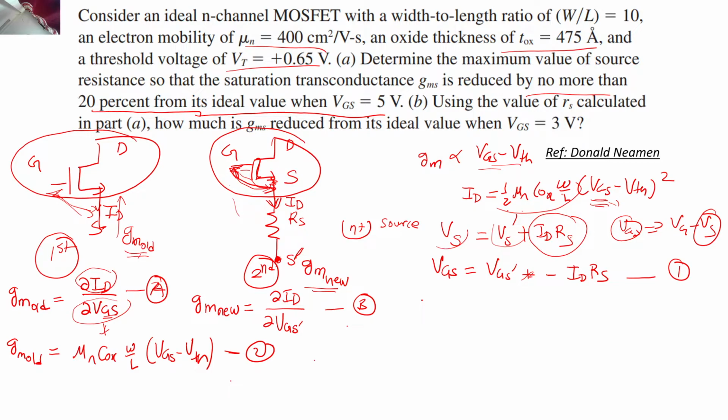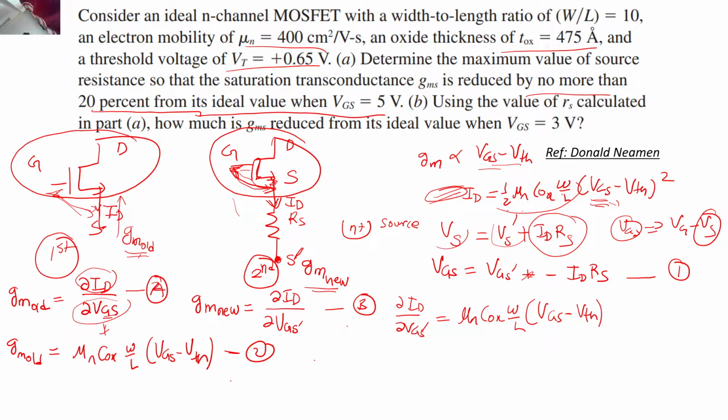So I have the ID equation with me, right? Now dou ID by dou VGS dash. Just look at this equation, I'm referring to this equation. Now I am just going to differentiate it. So it will be Mu n Cox W by L times VGS minus VTH.